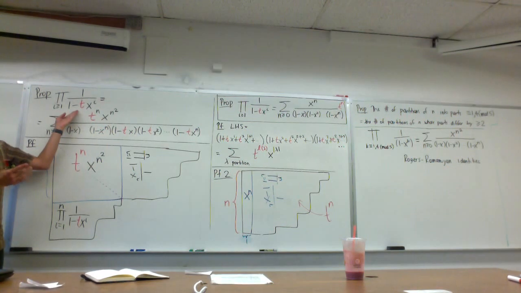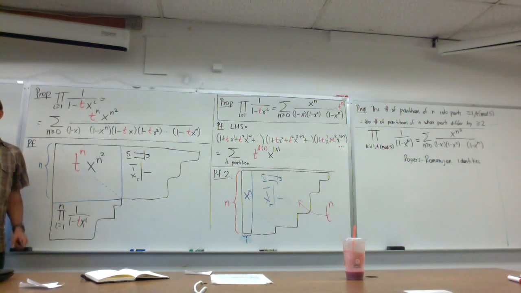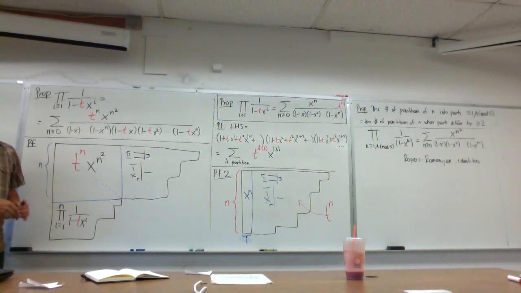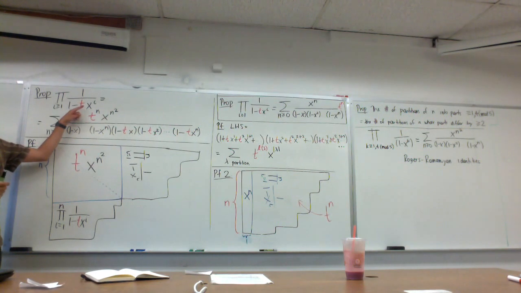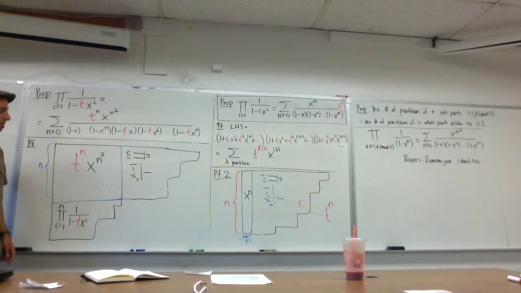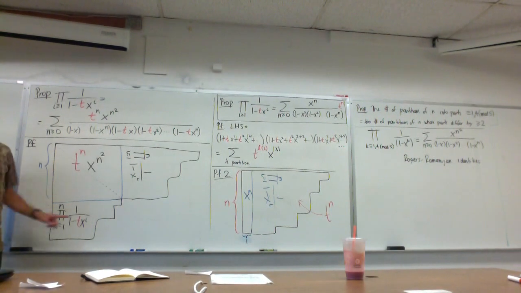This is the generating function for all partitions in the world. And if you want the partitions that add up to a particular number, say 100, then you need to pay attention to the coefficient of x to the 100. But here we're listing all of them at the same time. And this is just a funny way of listing them in a different way.